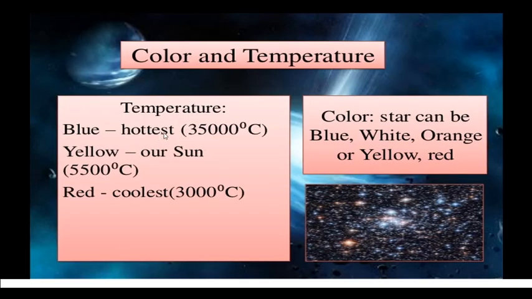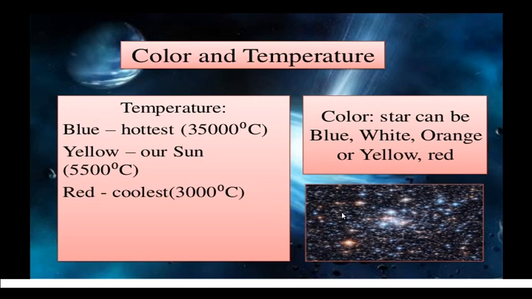So you can see, when the temperature is very high, that is 35,000 degrees Celsius, the hottest star has blue color. So the wavelength is small. Here you can see 3000 degrees Celsius means it is the coolest star. Coolest star means it has higher wavelength, that corresponds to red color. So the stars can be of different colors.